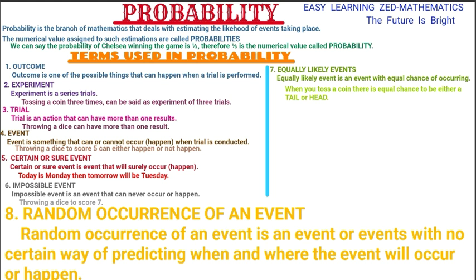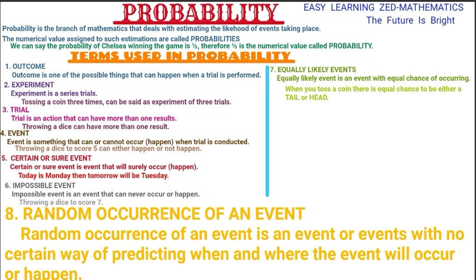Your team wants to play a team that it has never played before. They have never met before. It will be very difficult for you to predict, because you know that the results can go either way. Even if you look at the recent previous performance, to predict that this team will win when they have never played before is very difficult. So that's where random occurrence of an event comes in.